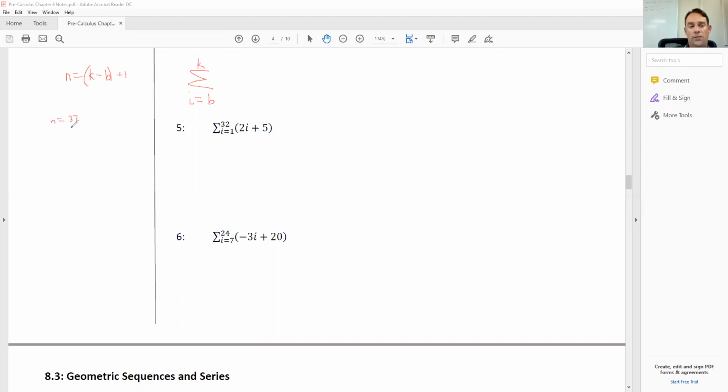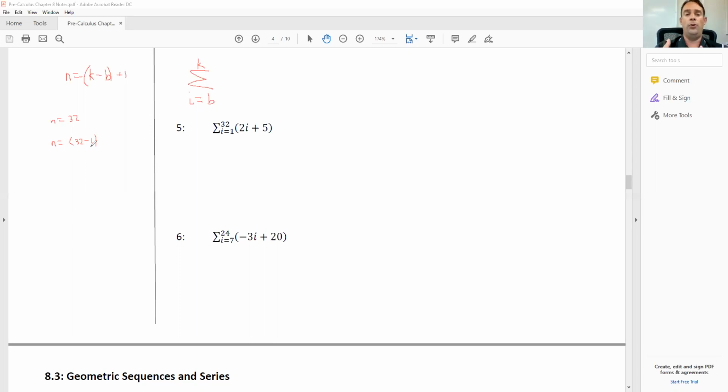But if you were to subtract them, look what happens. When you subtract the two, you end up with 31 terms. That doesn't mean there's 31 terms. I know that if I'm counting from 1 to 32, there's actually 32 terms. What it does mean, though, is that very first index number, we count that. So it's like 1 and then forward.